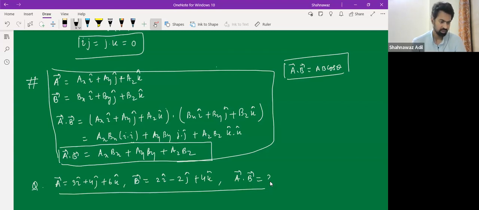And what is the answer that you get? 6i minus 8j plus 24k. Okay, so A dot B is 6i minus 8j plus 24k.